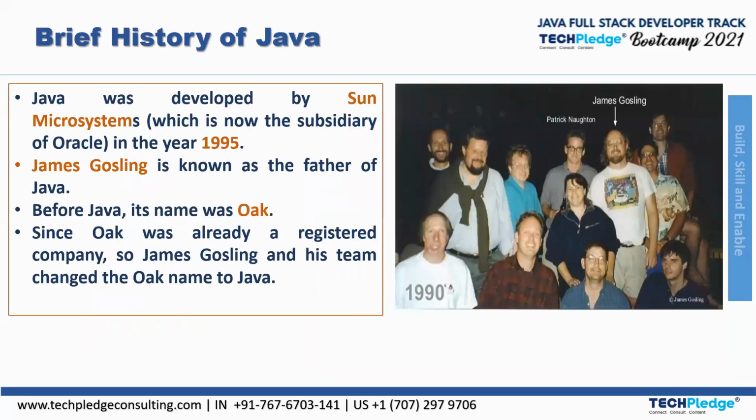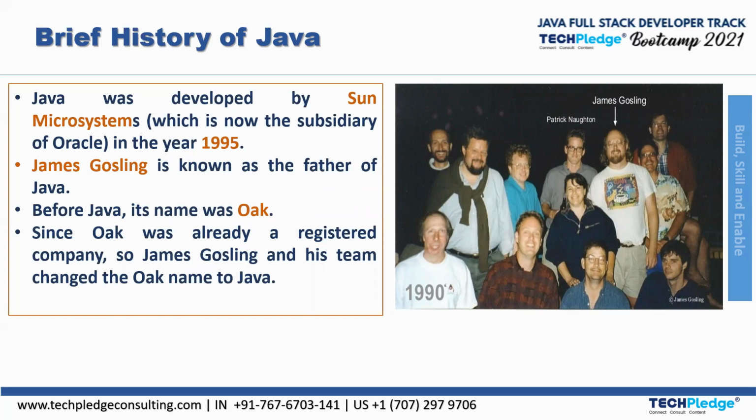Next I will go for a brief history of Java. Java was first developed by Sun Microsystems in the year 1995, and then it was acquired by Oracle. Almost every one of you knows about Oracle. It is a powerful database platform. The father of Java is James Gosling.